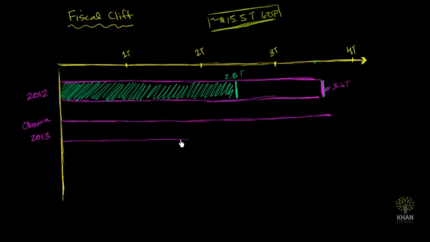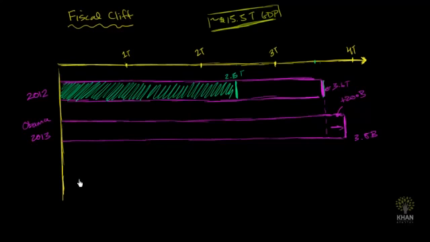So let me draw that. Relative to the 3.6, we are now at 3.8. So you have a spending increase of plus 200 billion that gets us to 3.8 trillion in total expenditures.